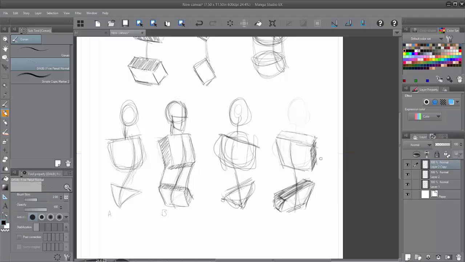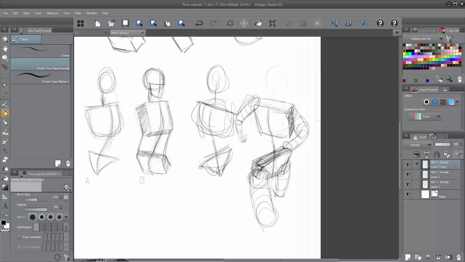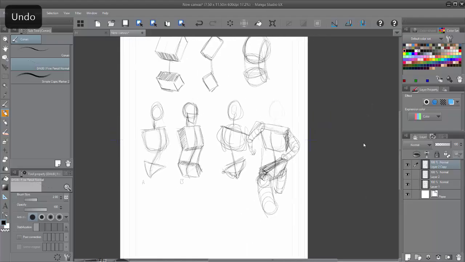Of course, then I would add the arms and legs in here, to get that running figure.